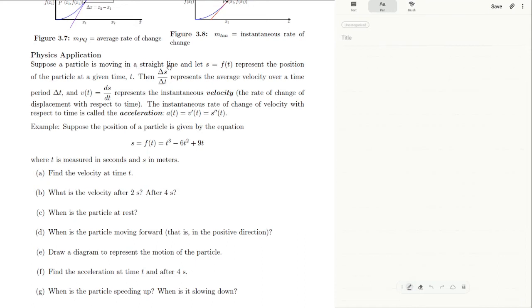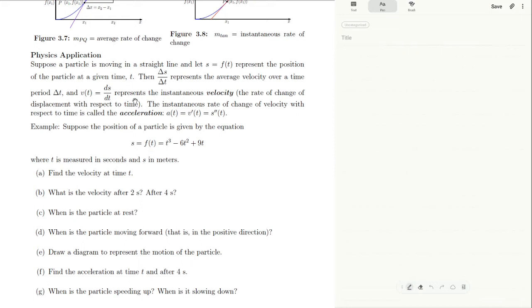Then delta s over delta t, so that's the change in position over the change in time, will represent the average velocity over the time period delta t, and v of t is going to be the derivative ds over dt, which will represent the instantaneous velocity, which is the rate of change of displacement with respect to time.